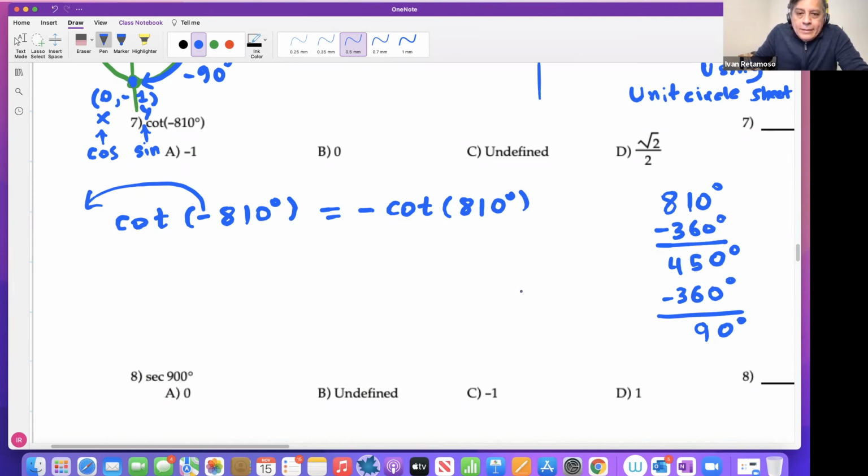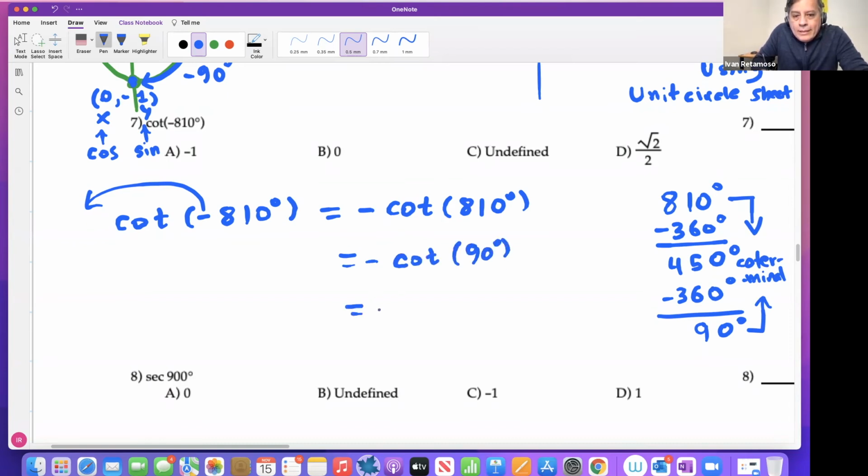This angle 810 degrees and this angle 90 degrees are coterminal, so trigonometrically speaking they are the same. So this is cotangent of 90 degrees.